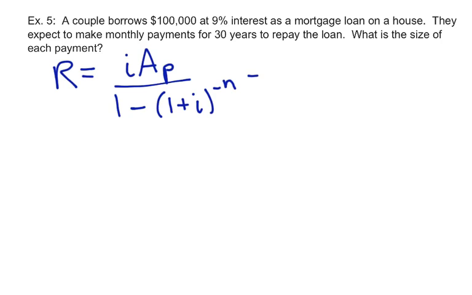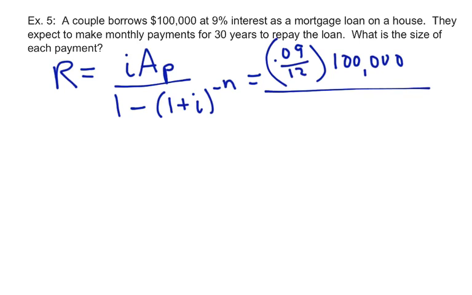So we know that the interest is 9%, and because mortgage payments get paid back monthly, we're going to divide that by 12. Times the present value of the annuity, well, they got a loan for $100,000. We're going to divide that by 1 minus 1 plus 0.09 over 12, raised to the negative.